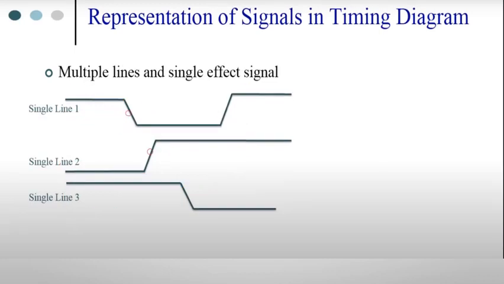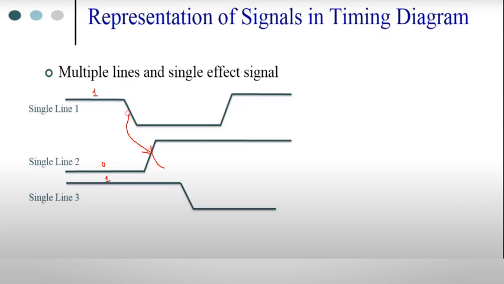Next is multiple line single effect signal. I have shown an example over here. Line 1 is initially in 1 state, and line 2 is in 0 state. As soon as line 1 goes from 1 to 0, we can see that line 2 goes from 0 to 1 state, and as soon as line 2 starts moving from 0 to 1 during the rising edge of the signal, what happens to line 3?